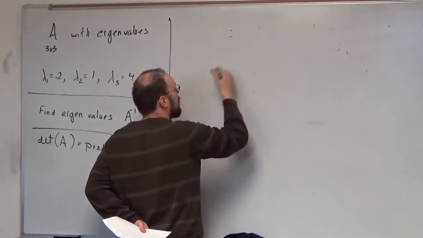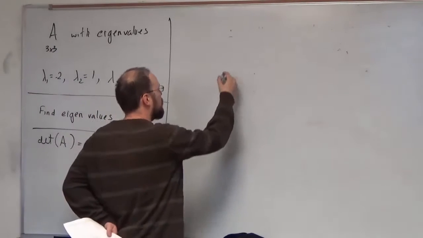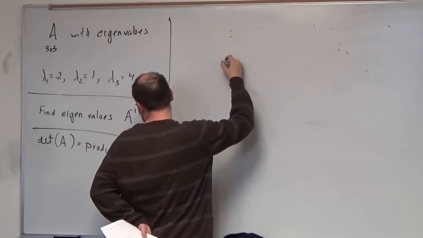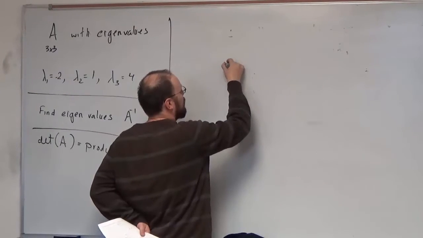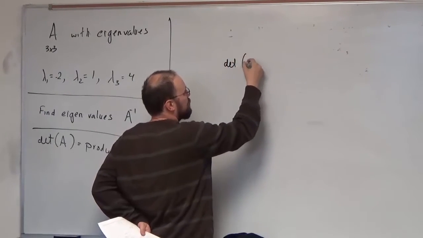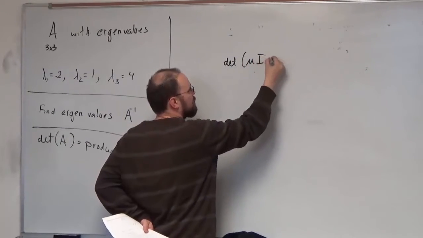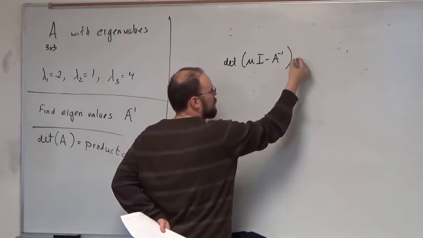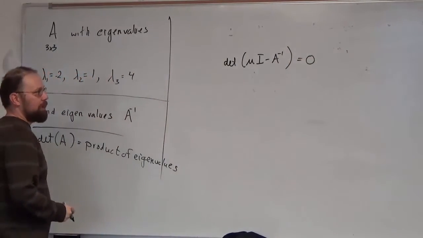If you wanted to find the eigenvalues of A inverse, how would you set up the problem? You would say, I'm going to find the determinant of, let's call it mu for the eigenvalue, mu I minus A inverse, and set that equal to 0 and solve for mu, to find the eigenvalues of the inverse.